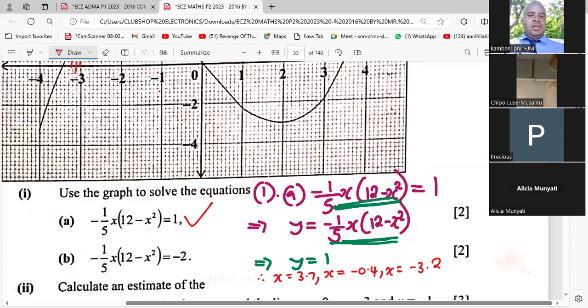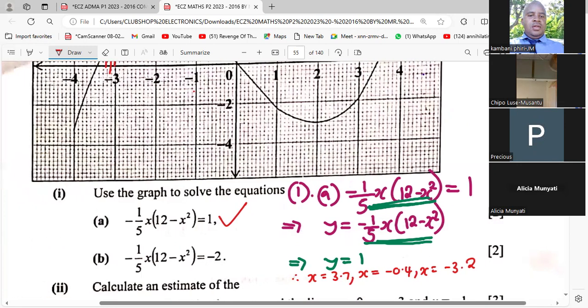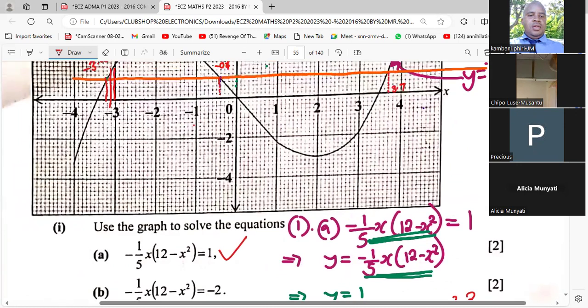Then we solve the second one. I'll write it from here.